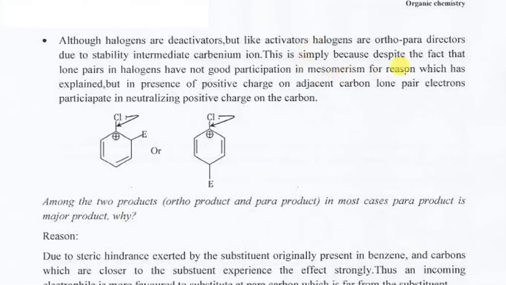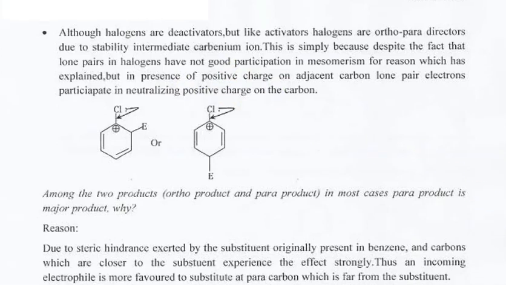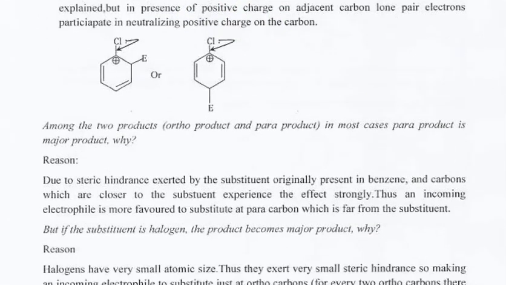This is simply because despite the fact that lone pair in halogens do not participate well in mesomerism for reasons which I have explained, in the presence of positive charge on an adjacent carbon, lone pair electrons participate in neutralizing the positive charge in the carbon. Kwa hiyo kimsingi ni kwamba halogen ni ortho para director hata kama zenyewe ni deactivator.